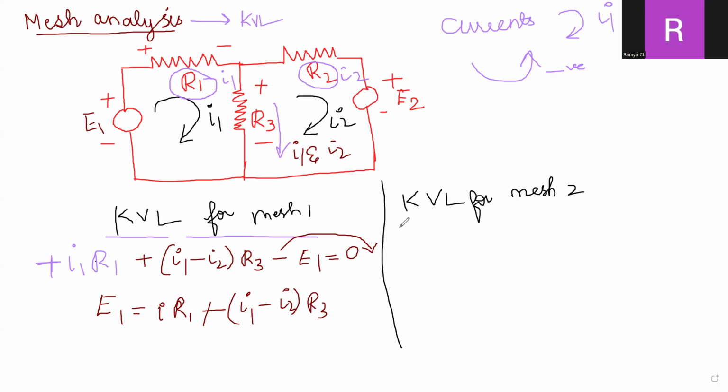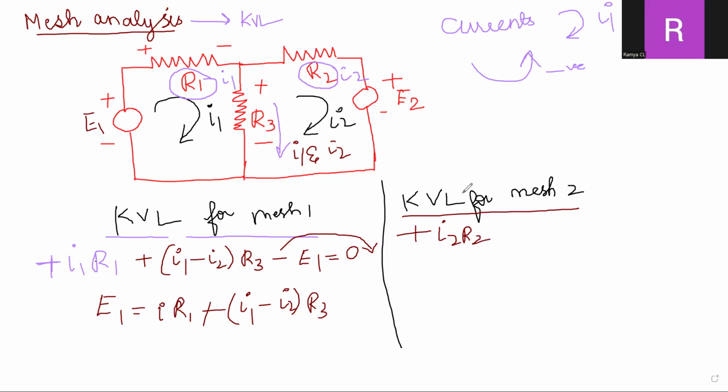Now we will apply KVL for mesh 2, children. How to apply KVL for mesh 2? We have to take clockwise. So tell me, children: plus I2 into R2. Here what symbol is there?